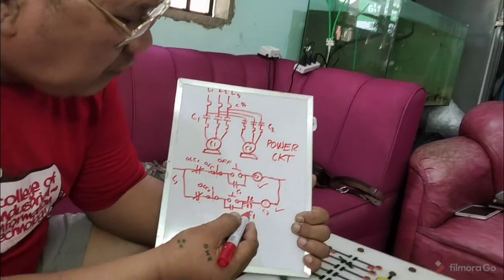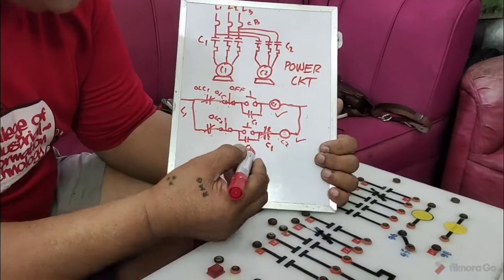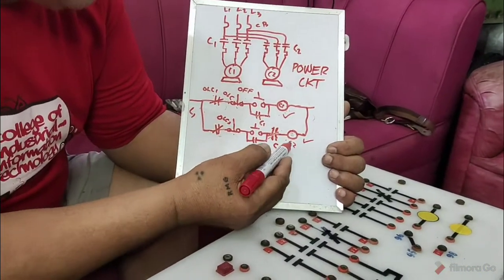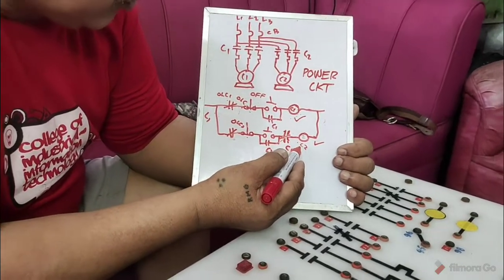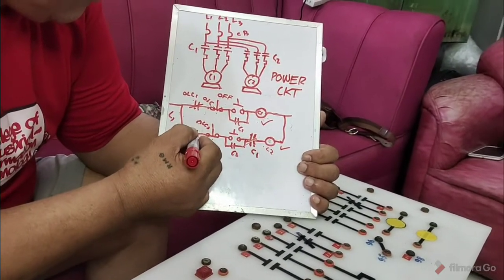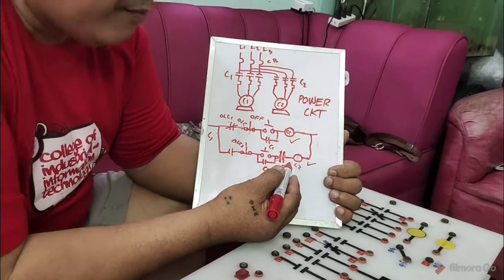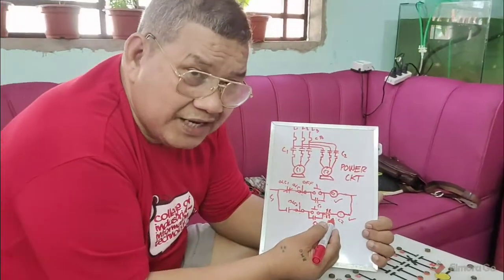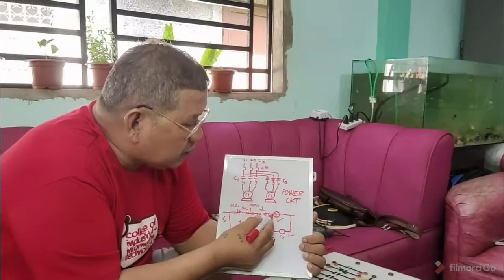So if there is an overload here, and the two motors and conveyors are already running, then there is an overload in conveyor number 2, of course this will open. Okay? So motor number 2 is not running anymore because of the overload. But remember, this is still closed because conveyor number 1 is still running.